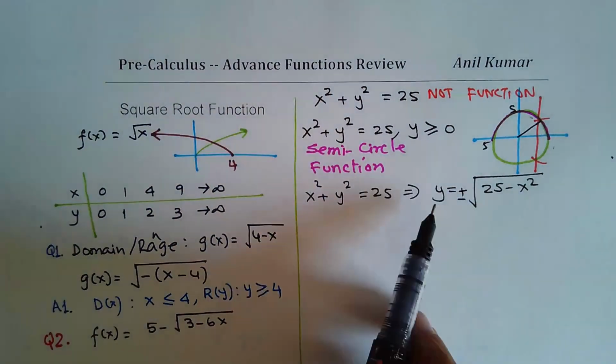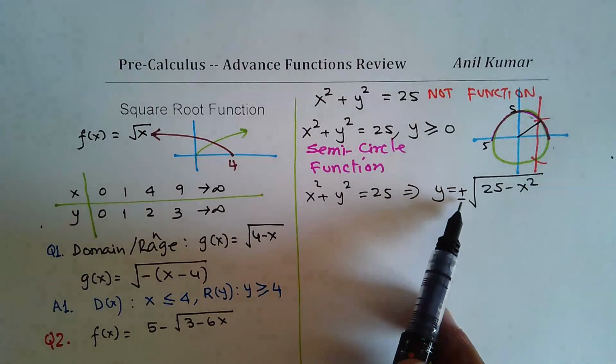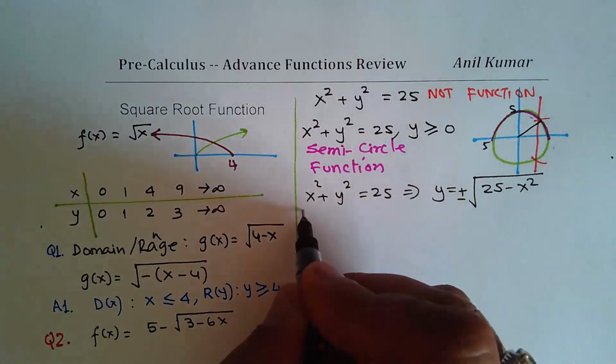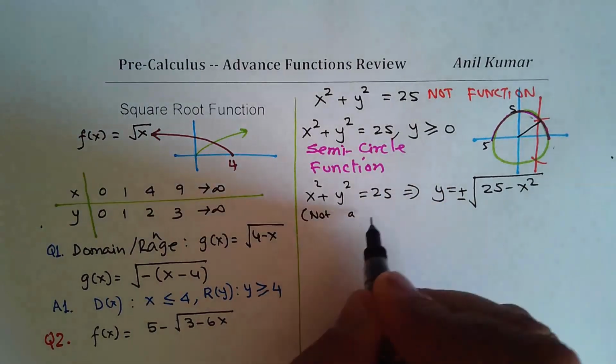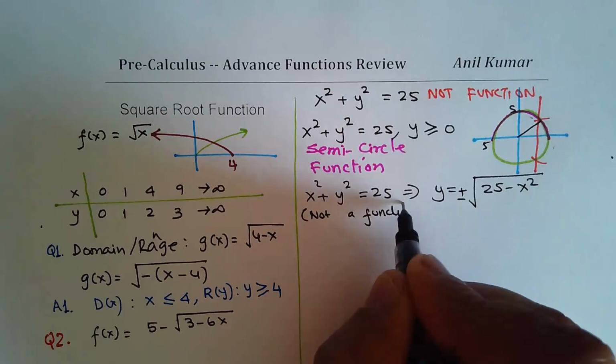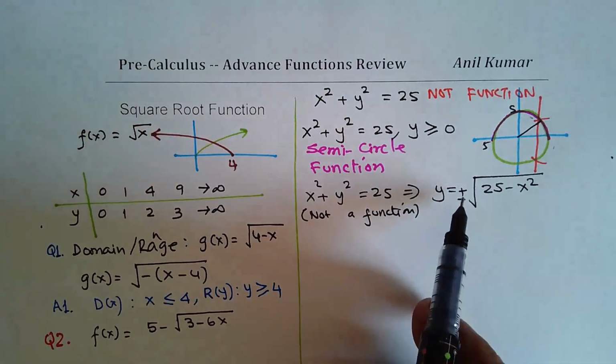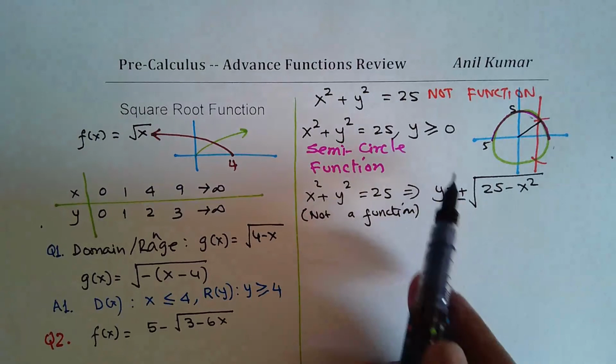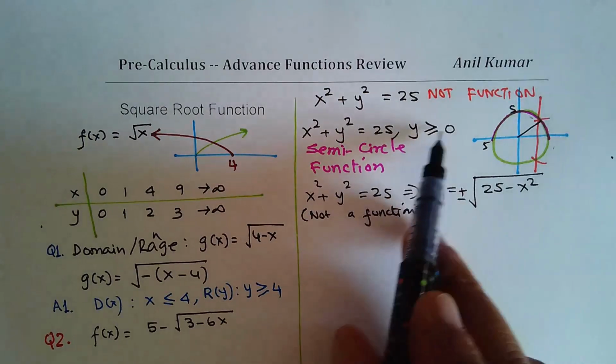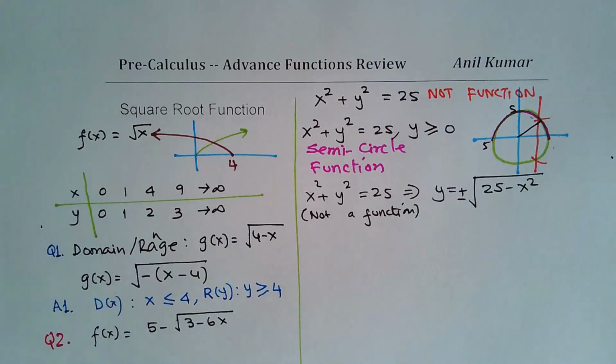So y takes plus and minus 2 values, and therefore it is not a function. But if you take only one of them, y greater than or equal to 0, it becomes a function. Do you get the idea, right? So that is very important to understand.